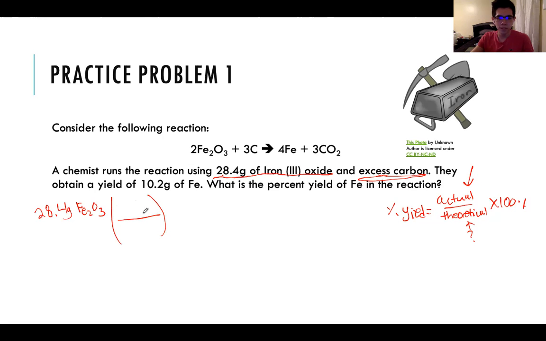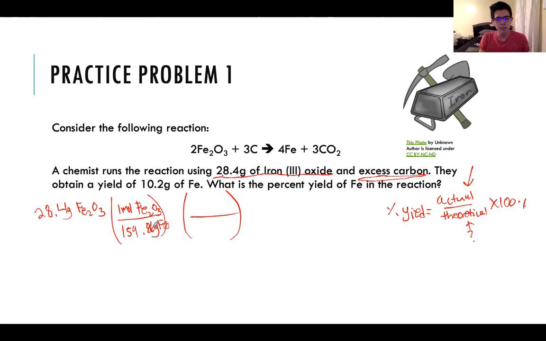So we have 2 irons, 2 times, and we also have 3 oxygens. For every mole of iron oxide, there is 159.86 grams of iron oxide. I'll just leave it like that for now.